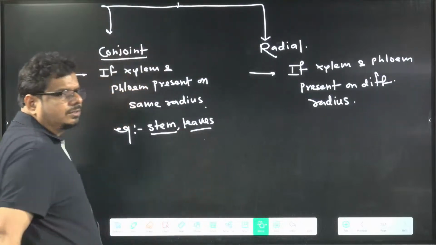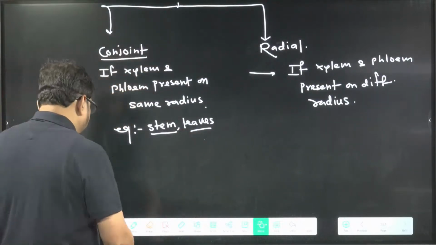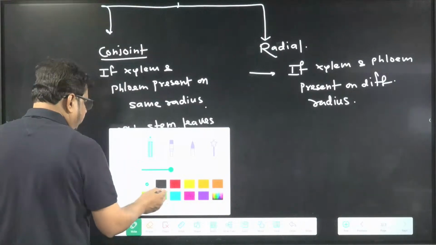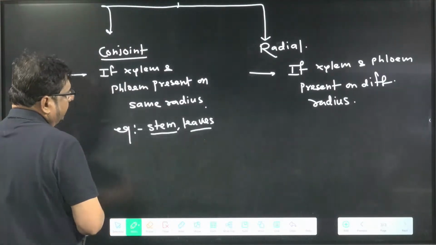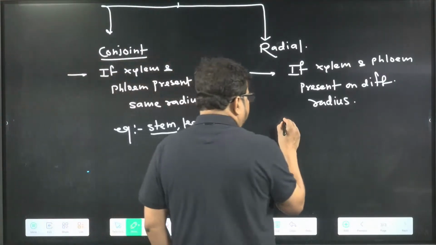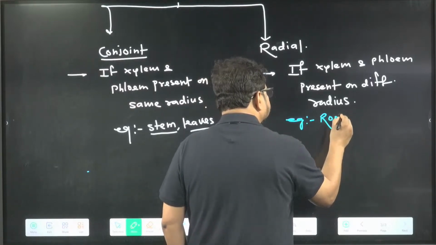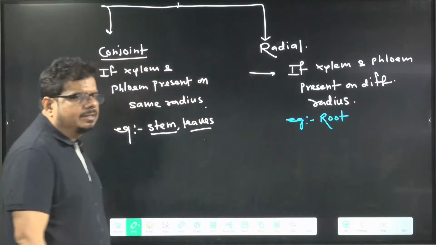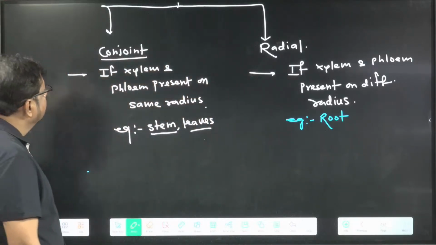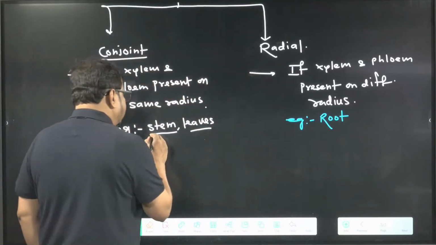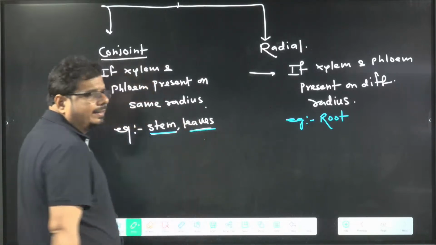Radial vascular tissue system. So conjoint is what? Present in stem and leaf. Radial example is what? Basically root. So radial vascular tissue system is present in root, and conjoint is present in which one? Stem and leaves. Are you getting the idea or not?